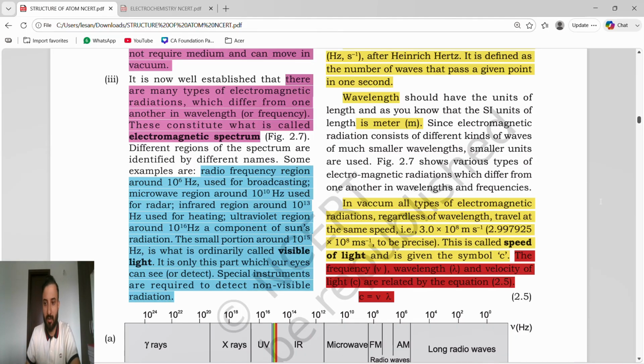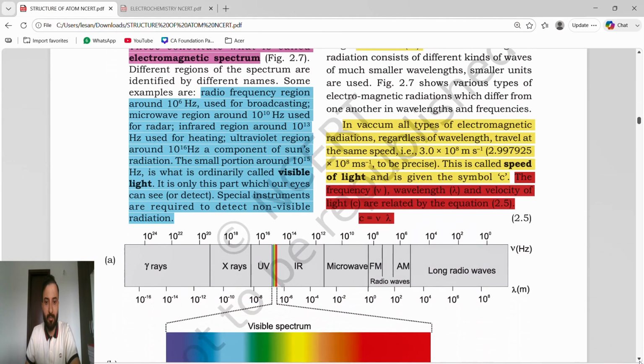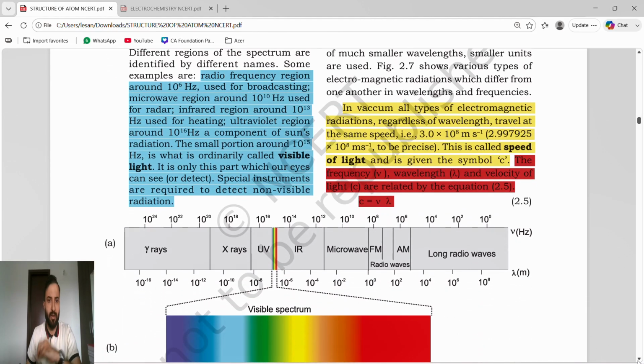Okay, so this is done. Now guys, see, this part is not just for your understanding. If we talk about the radio frequency region, it has a different frequency and is used for broadcasting. The microwave region has a different frequency, used for radar.